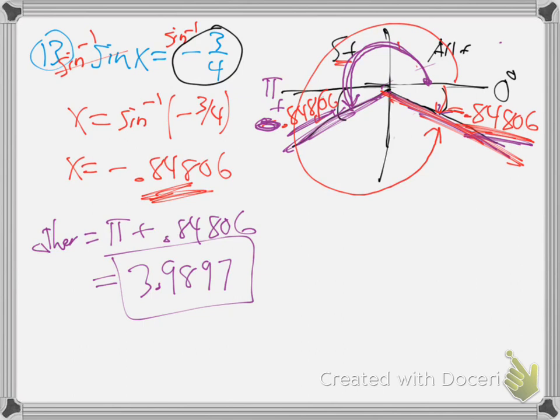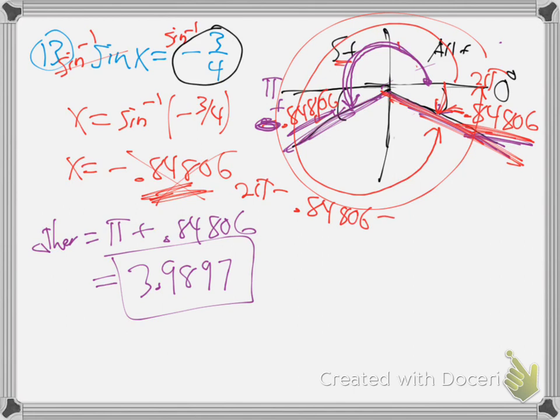That's the same ending place. How do you do that? You go all the way to 2 pi and you back up. So they don't want you to say it this way. They want you to say 2 pi minus 0.84806. That'll be the positive version of the same thing.